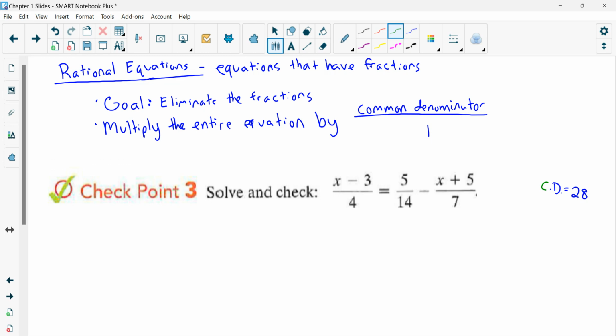So I'm going to write CD equals 28, meaning common denominator is 28. Based off what we just wrote, I have to take my entire equation and multiply it by 28 over 1.